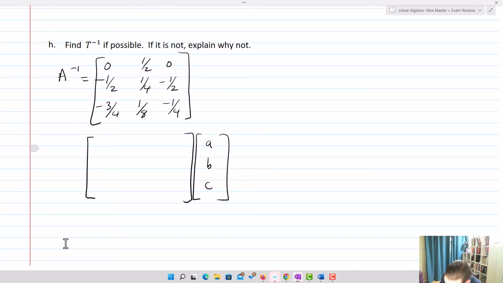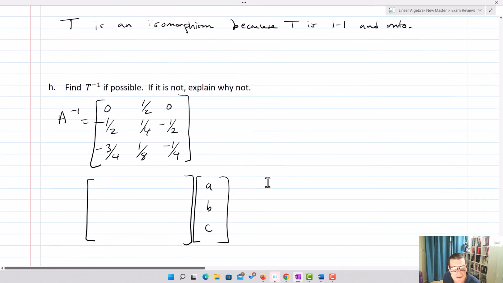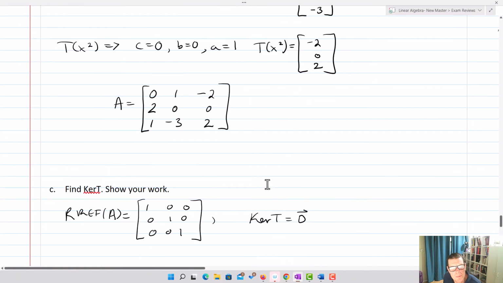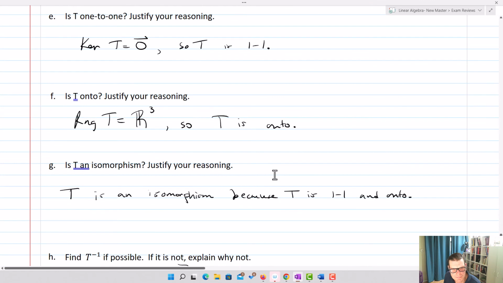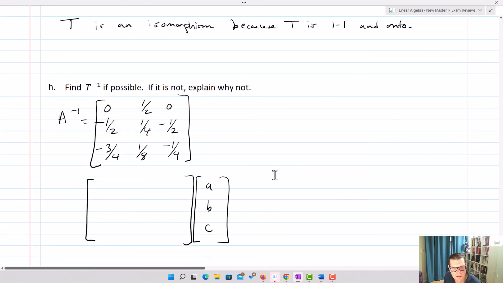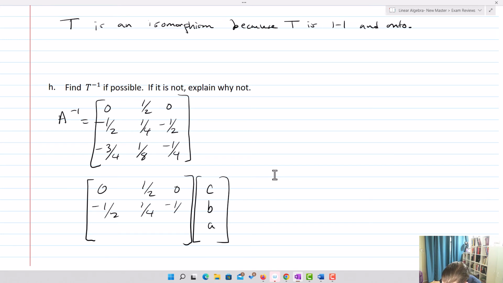If we remember, I think I'm going to use C, B, and A, because C was the 1, B was the X, and A was the X squared. It doesn't really matter, but we'll use CBA because that's the order we did at the beginning. Multiplying A inverse: 0, 1/2, 0, negative 1/2, 1/4, negative 1/2, negative 3/4, 1/8, negative 1/4.